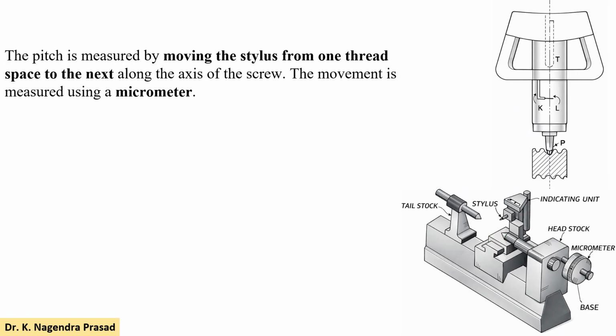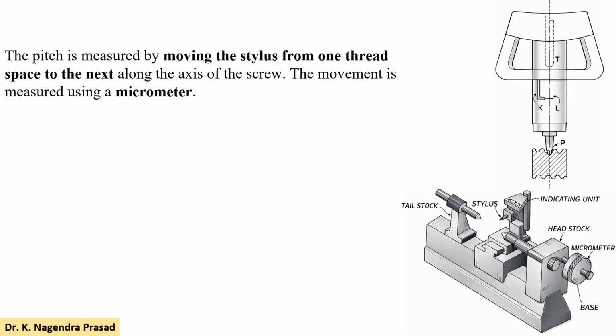Let's see the basic principle of pitch measurement by the pitch measuring machine. The pitch is measured by moving the stylus from one thread space to the next along the axis of the screw.